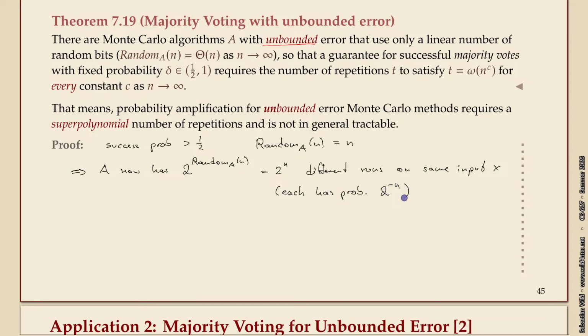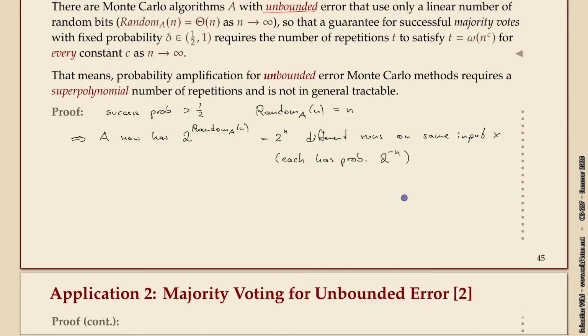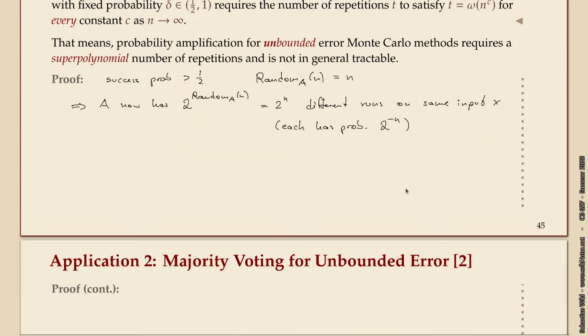Okay. That means we can follow the same approach as above to get that the majority vote fails if a random variable x is less or equal to t half.